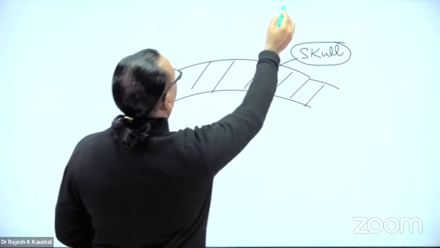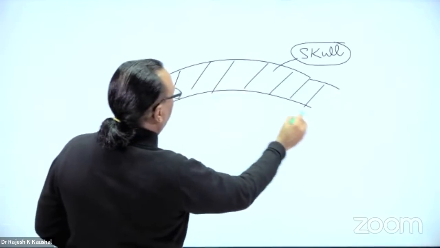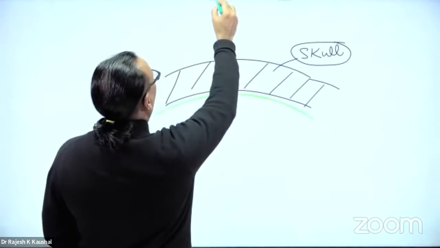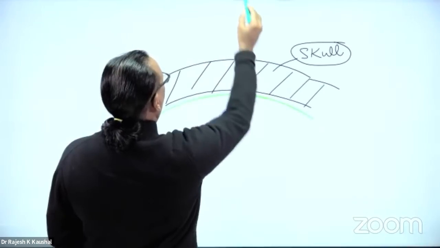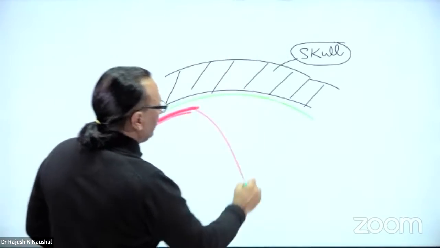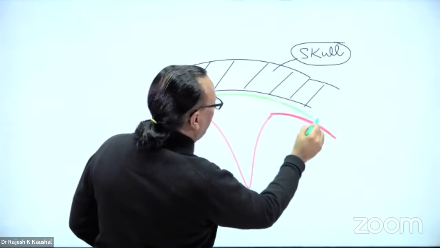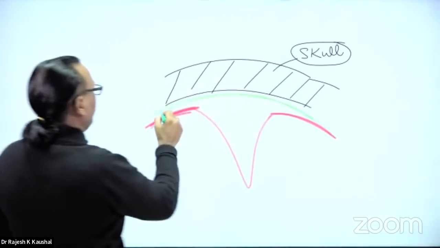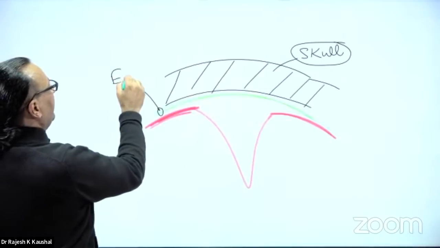We will show that this is the endosteal layer of dura mater, and then we will also show the meningeal layer of dura mater, which splits and encloses a sinus, as we are telling. So here we are telling this is the endosteal layer of dura mater.